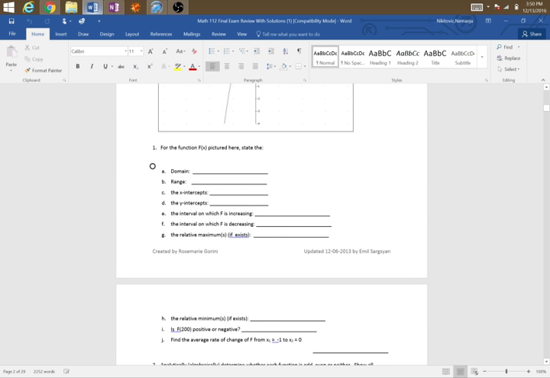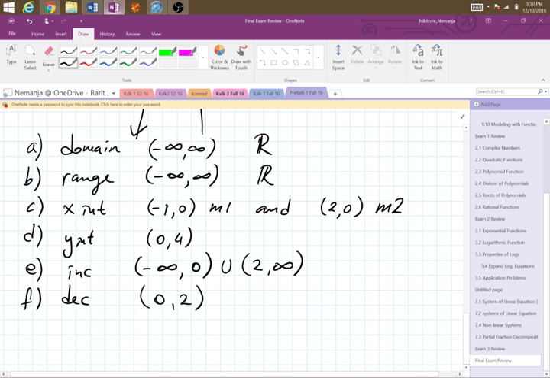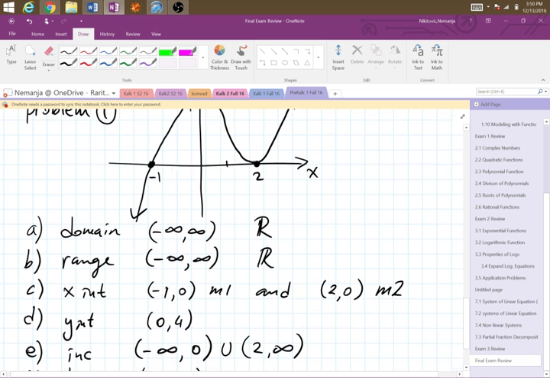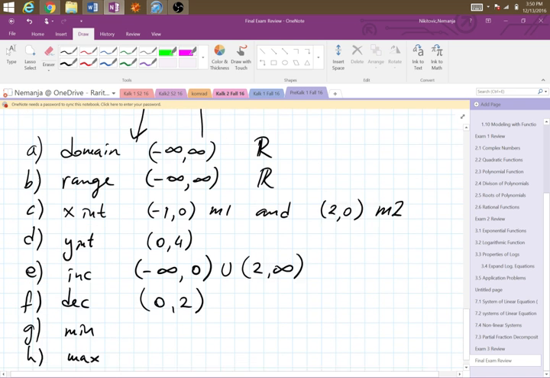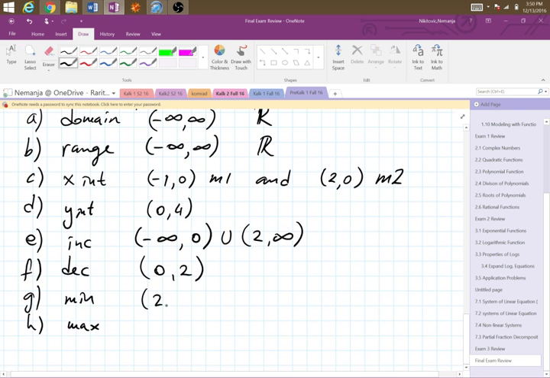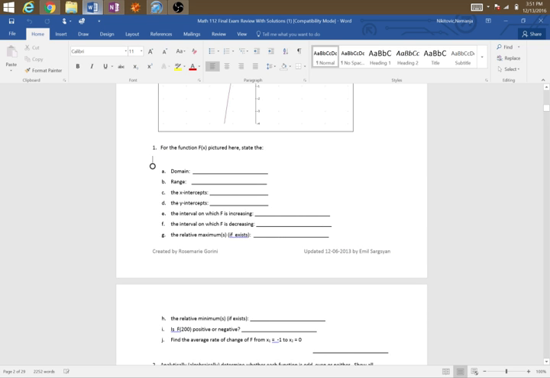G, min, max. So G and H. These are all relative. So what is the minimum? 2, 0. How about the max? 0, 4. Very good. And then what else we have?